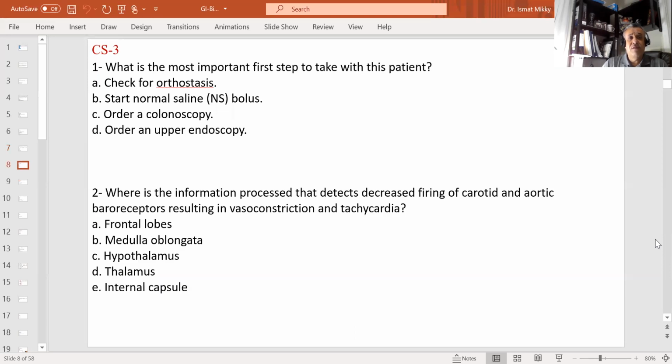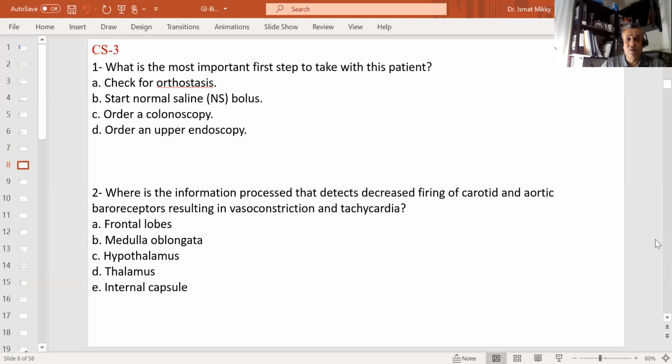And the first question: what is the most important first step to take with this patient? So the first thing, given the patient's hypotension and tachycardia, it's a must that we have to replace fluid. So fluid resuscitation is by far the most important thing you can do for a person with a GI tract bleeding.